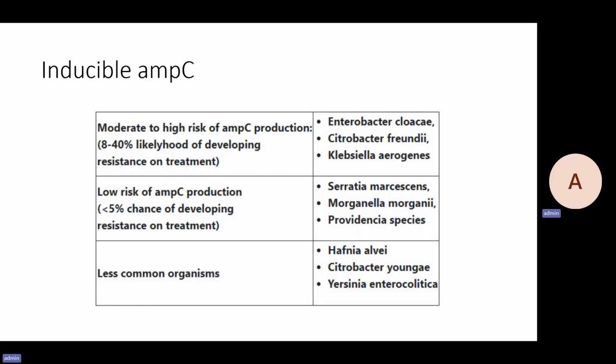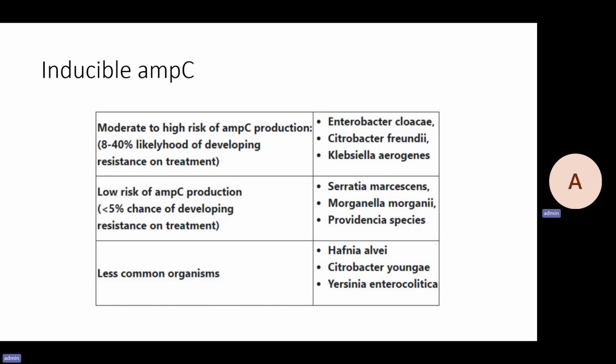And these are Enterobacter cloacae, Citrobacter freundii, Klebsiella aerogenes, etc. Low risk of AmpC production, the risk of treatment failure is less than 5%, and these are like Serratia, Morganella, and Providencia. And even less is organisms like Hafnia alvei, Citrobacter youngae, and Yersinia enterocolitica.